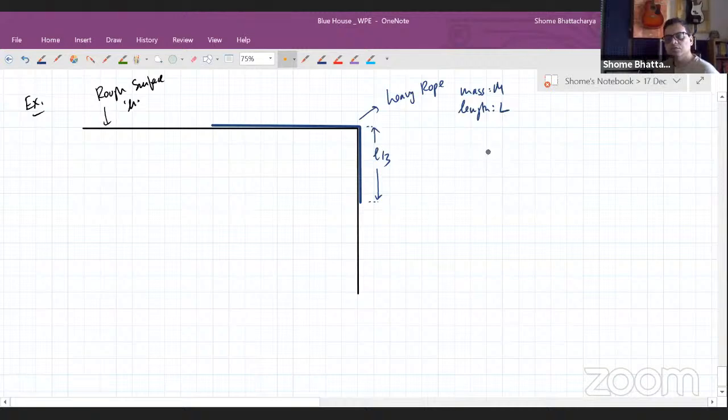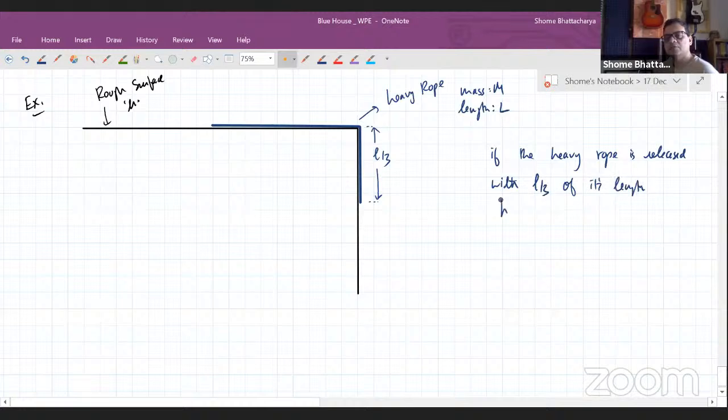Okay, so if the heavy rope is released with 1/3 of its length hanging vertically, then it just starts to slip.